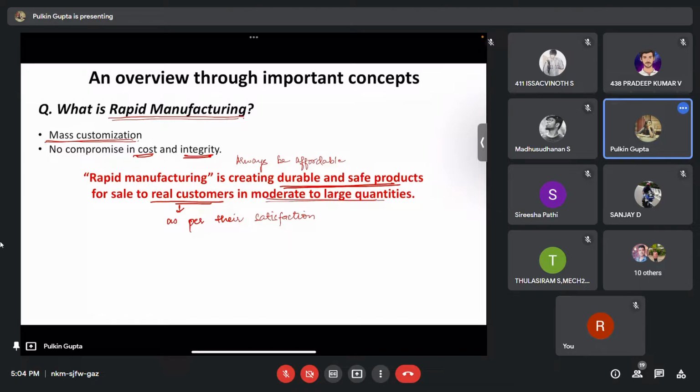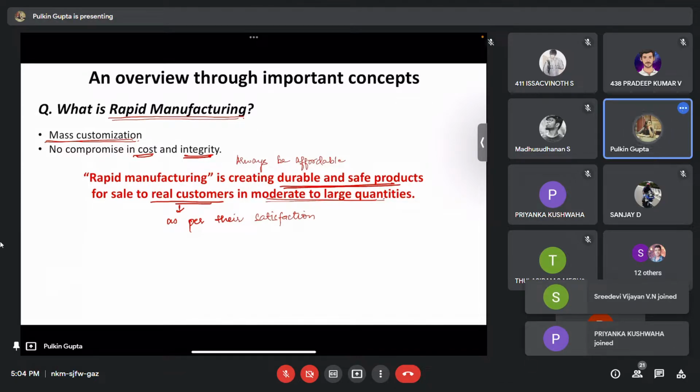So instead of catering to the large number of customers in a more generic way, through rapid manufacturing, we now aim to cater to the requirements of the customer in a more customer-centric way.